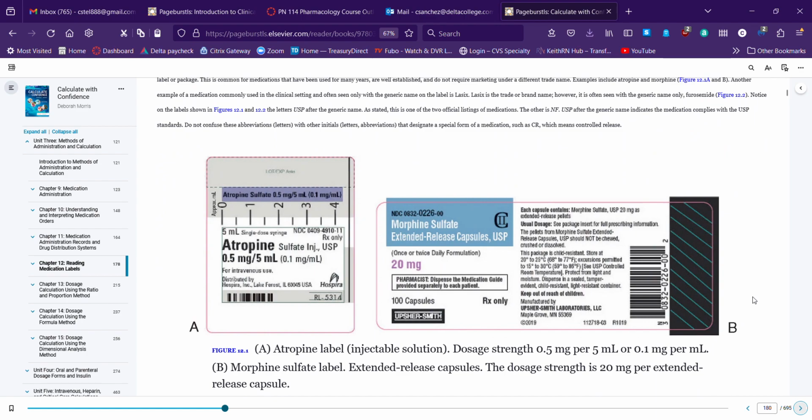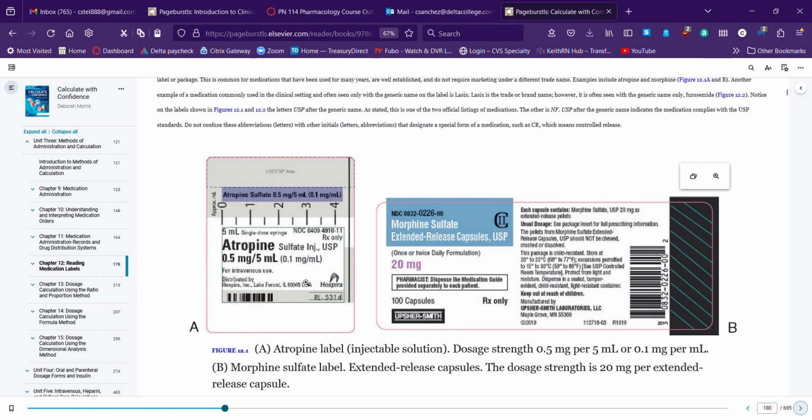All right, so let's go now to chapter 12. Reading the medication label. This is extremely important because if you misread a label, then you can overdose or underdose your patient, and both of those can be harmful.